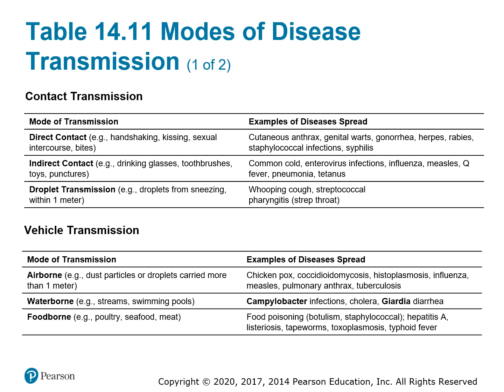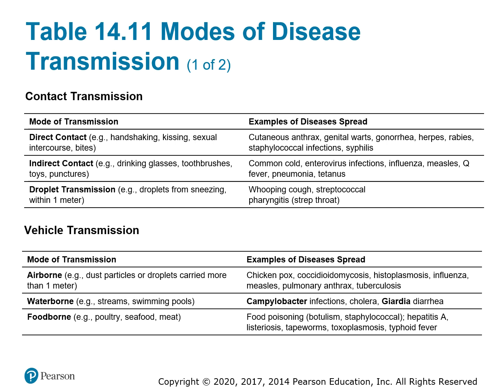Contact transmission, just a little chart for that. Direct contact is things like handshaking, kissing, sexual intercourse, bites. So this is a real big problem with animals biting people and with kids biting each other. You see that in daycare sometimes. And then examples of some diseases that can be spread by direct contact. Indirect contact is when you have things like sharing drinking glasses or toothbrushes or toys or anything like that.